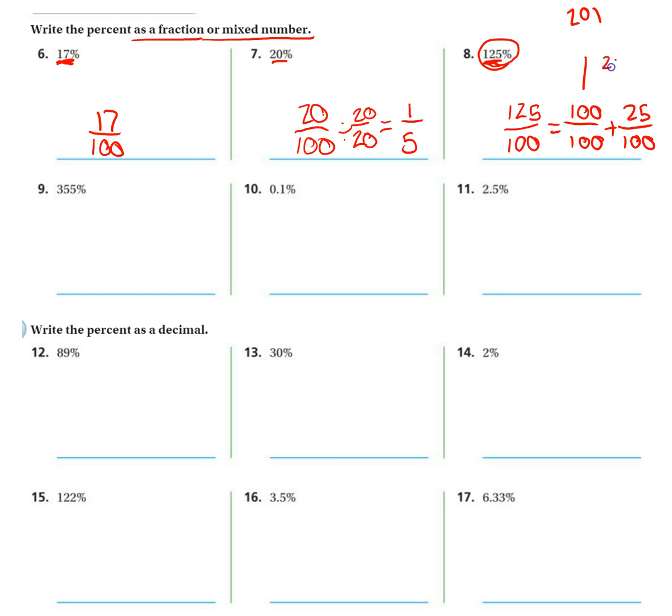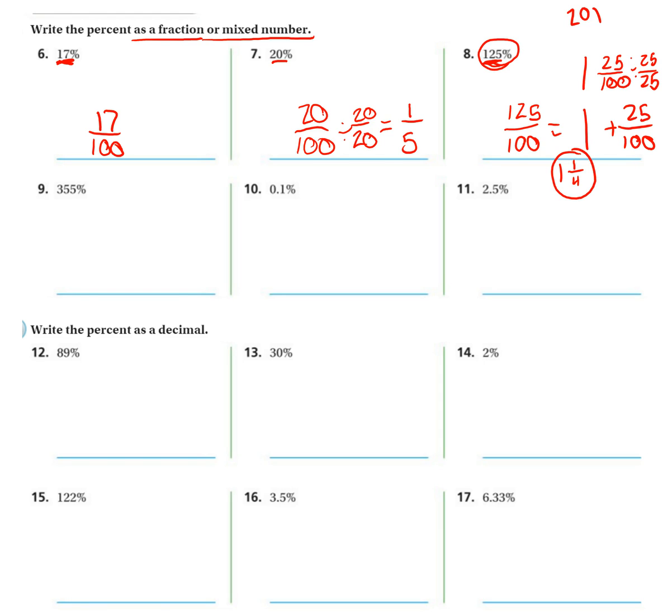So we have 1 whole and 25 hundredths, and then we can simplify this. 25 divided by 25 is 1. 100 divided by 25 is 4. So that would be our final answer, 1 and 1/4.